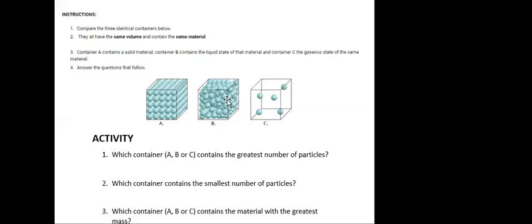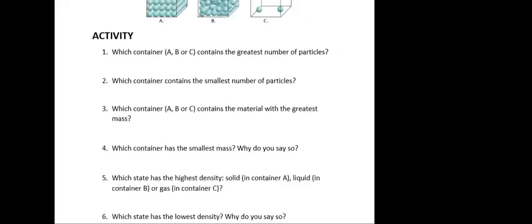So the block for each of these particles or substances is the same size, right? It has the same space for the particles. Okay, so container A contains a solid, container B has a liquid, and container C is a gas. Answer the questions that follow.